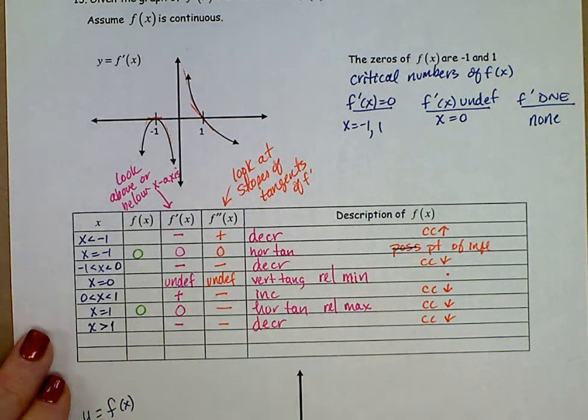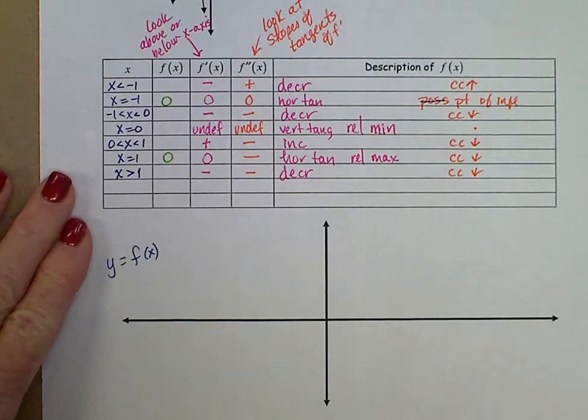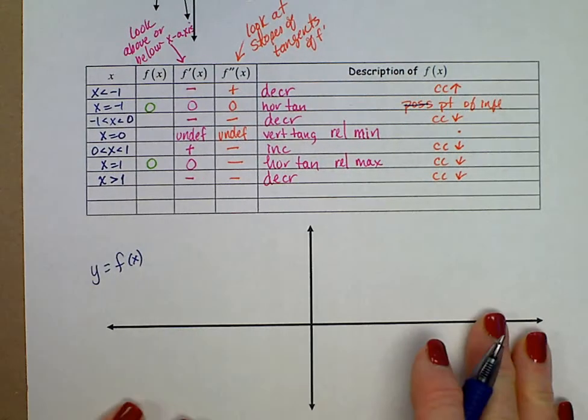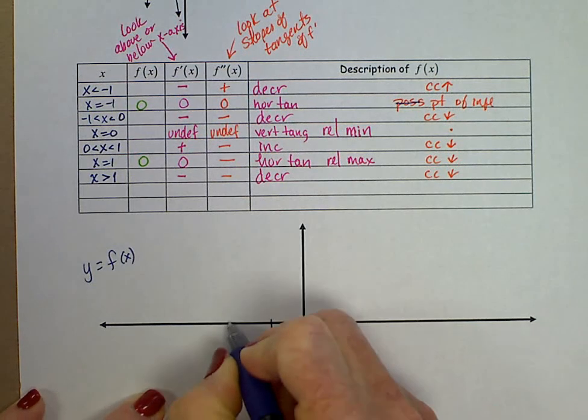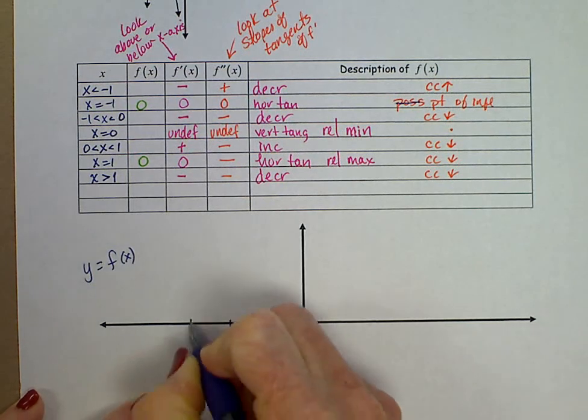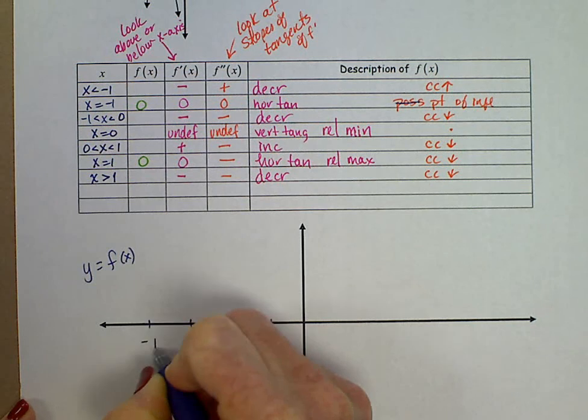All right, to sketch a graph, we're going to come down here and number off that graph. Spread this out a little bit. You don't want a graph the size of a quarter because you need some wiggle room.